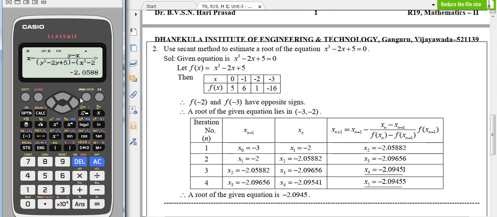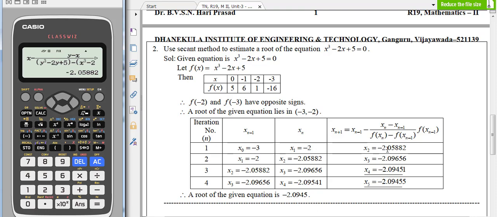And let us fix the calculator for 5 decimal places. As we want to calculate the root corrected to 4 decimal places, let us note down the values up to 5th decimal place. So now the expression value up to 5th decimal place is minus 2.05882.